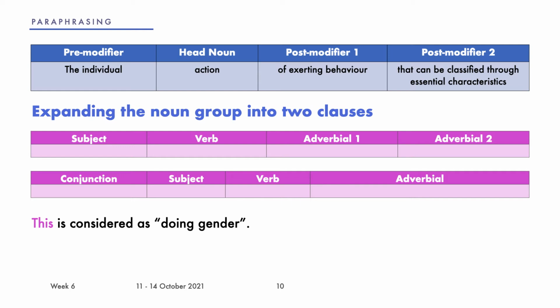So you have the pre-modifier, the individual, and the head noun action, post modifier one, of exerting behavior, and the second post modifier, which is a relative clause. So you can expand the noun group into two clauses based on the understanding of how you're going to expand it using the previous example. And then you have the final sentence that this is considered as doing gender.